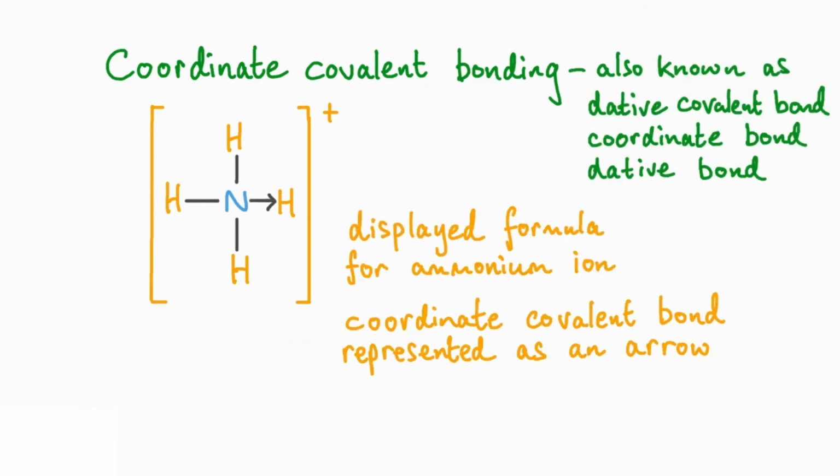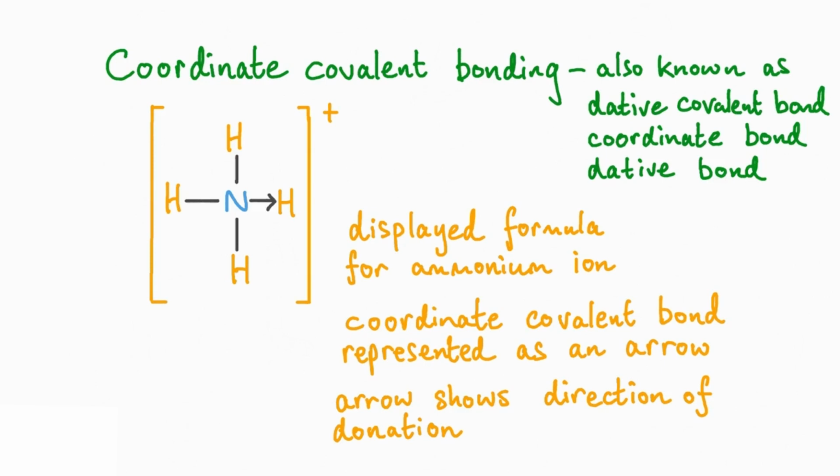When using a displayed formula, a coordinate covalent bond is shown using an arrow. The direction of donation is indicated by the direction of the arrow. Notice that in the ammonium ion, the arrow is pointing from the nitrogen donor atom to the hydrogen atom, which is the acceptor atom. This arrow is not seen in a dot-cross diagram or a Lewis structure.